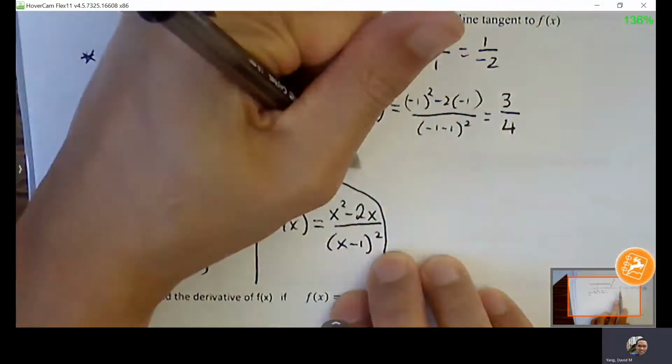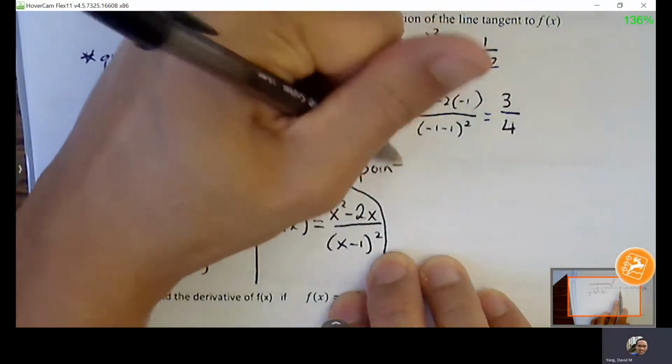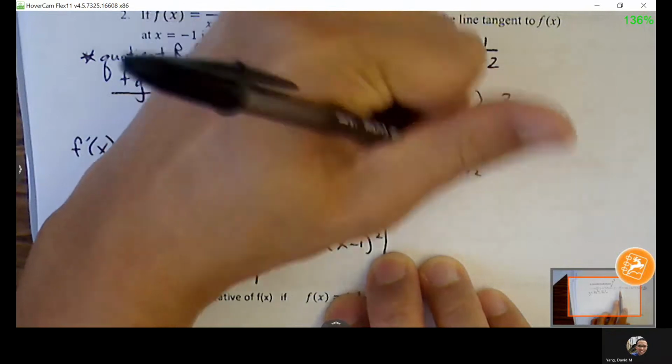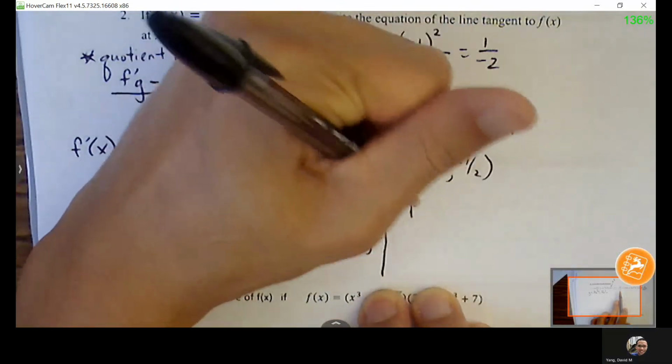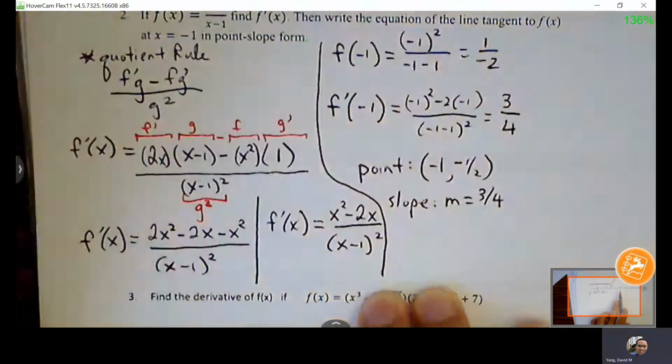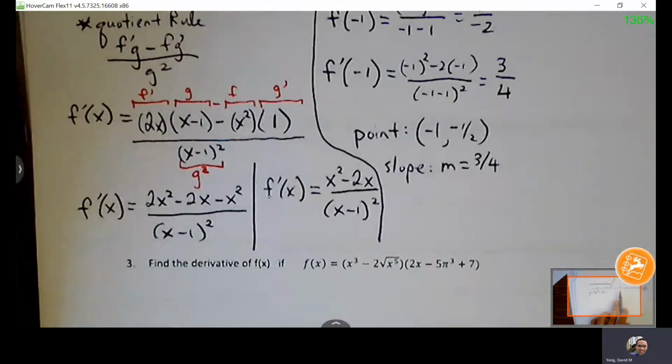Okay. I have my ordered pair. I have my slope. Now dump into the point slope form.